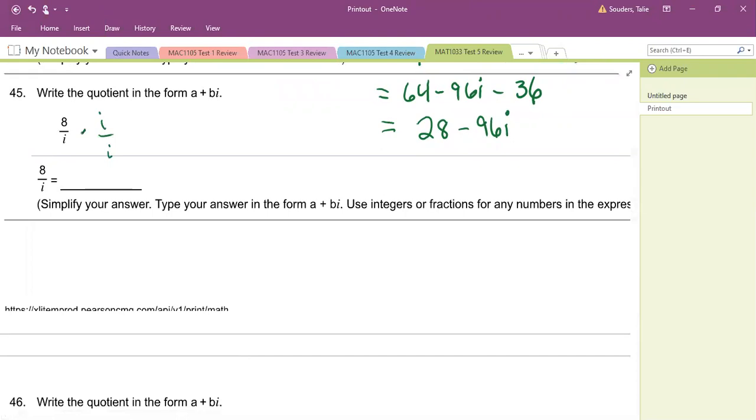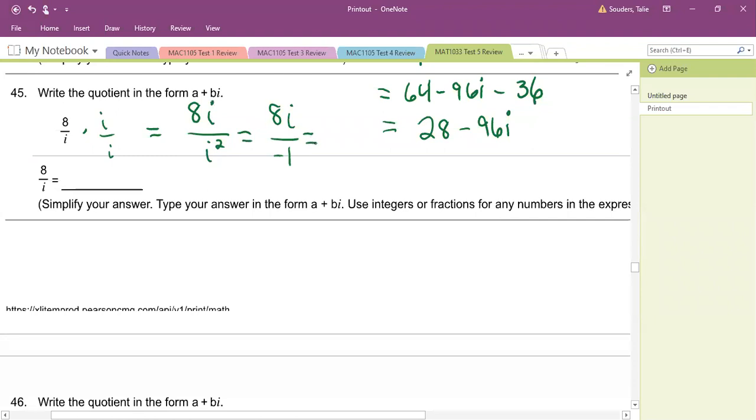So here 8 times i is 8i. And what is i times i? i squared. And what did we just talk about? What does i squared equal? -1. Okay, so what is 8i divided by -1? Negative 8i. Exactly. That would be it.